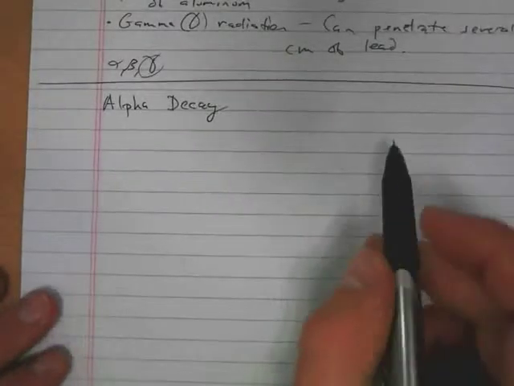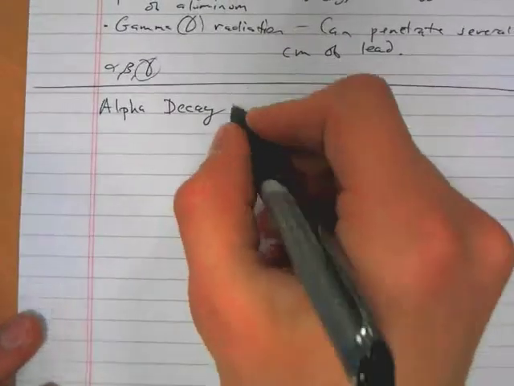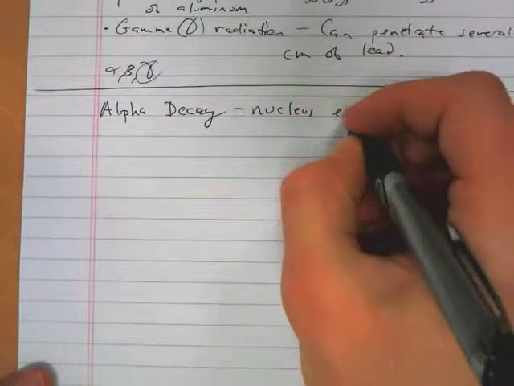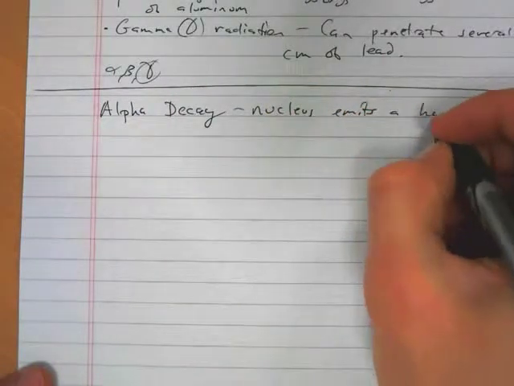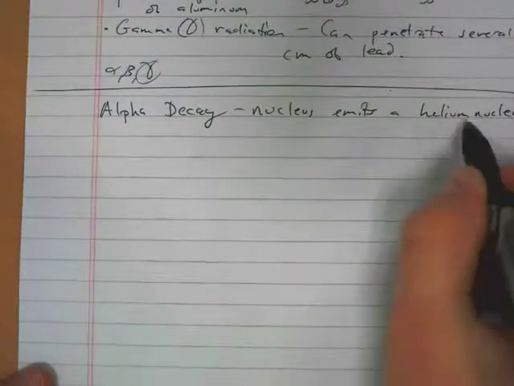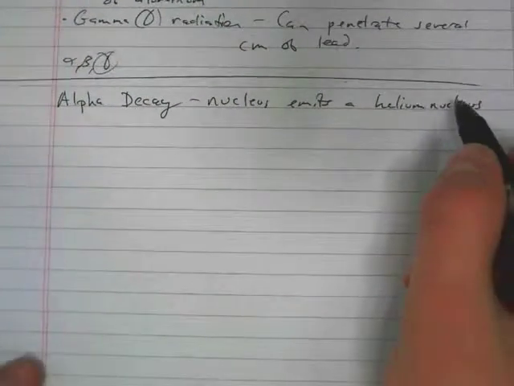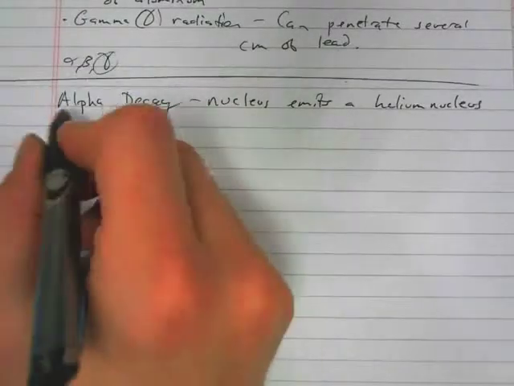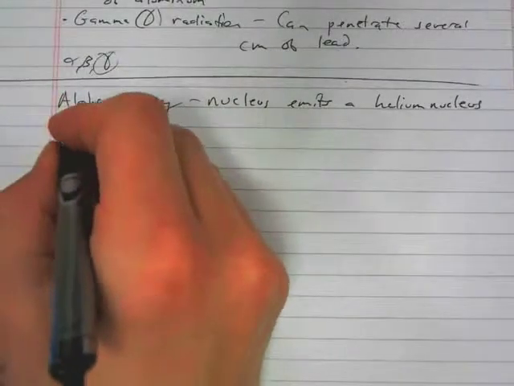Look first at alpha decay. What happens here is that a nucleus emits a helium nucleus. The nucleus of a large atom emits 2 protons and 2 neutrons. And we write our different radiation processes in a way that's similar to how you write a chemical reaction.